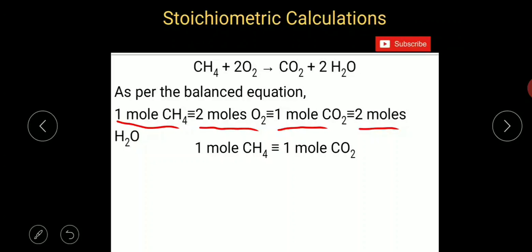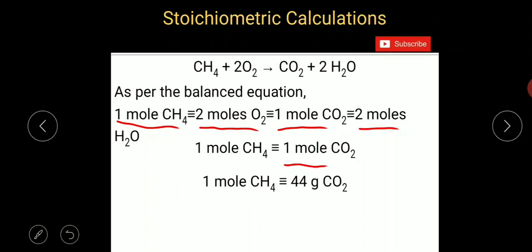And they are asking how many moles of methane is required to get 22 grams of CO2. So convert these moles of CO2 into mass in grams. 1 mole of CO2 is equal to 44 grams. The molar mass of CO2 is 44. So the mass of 1 mole is equal to the molar mass.